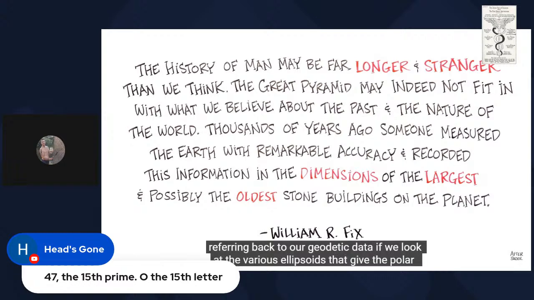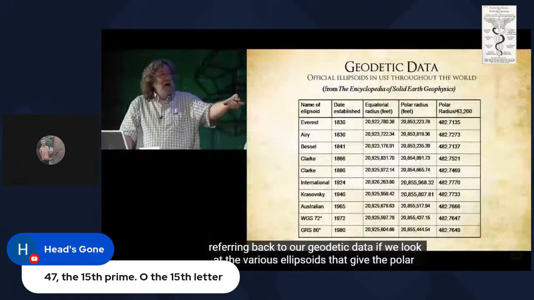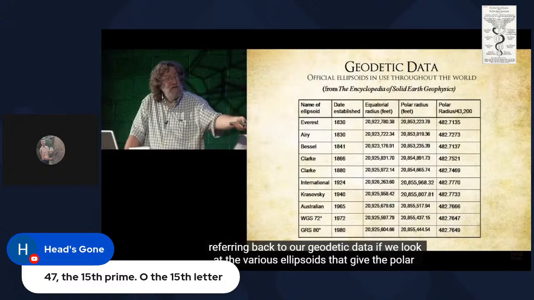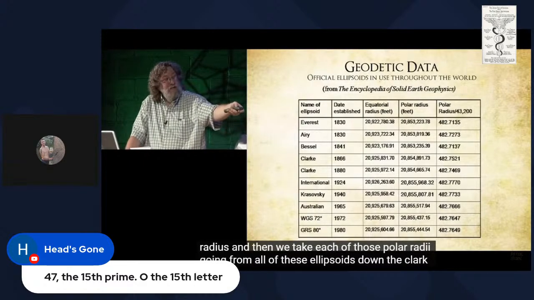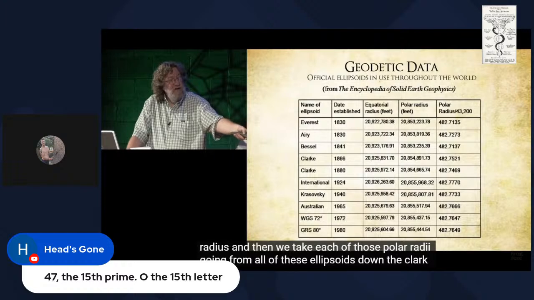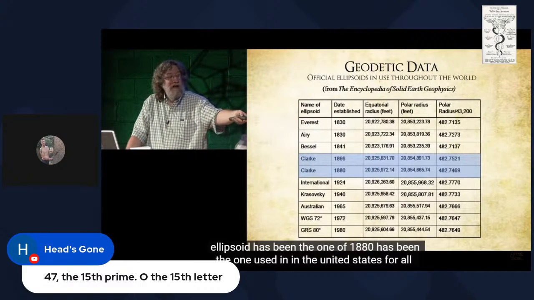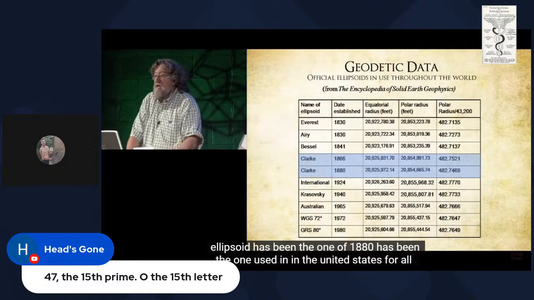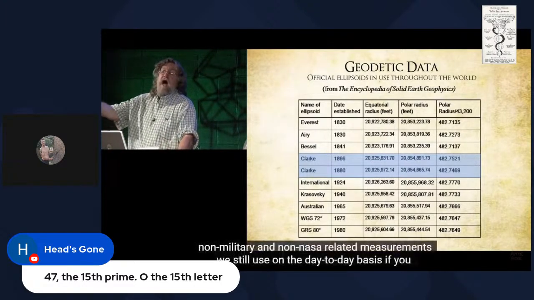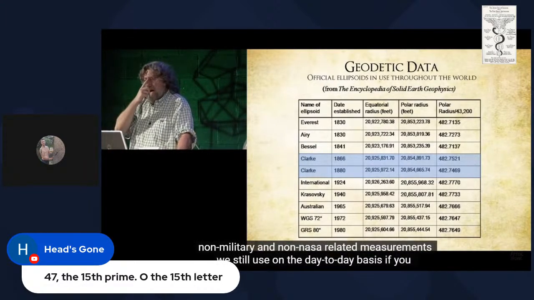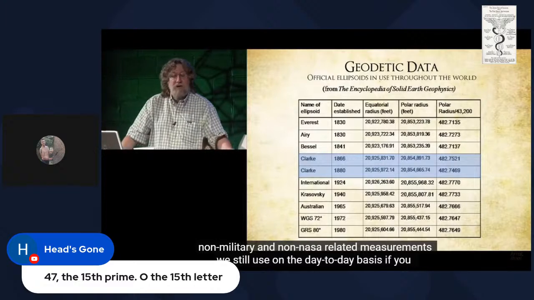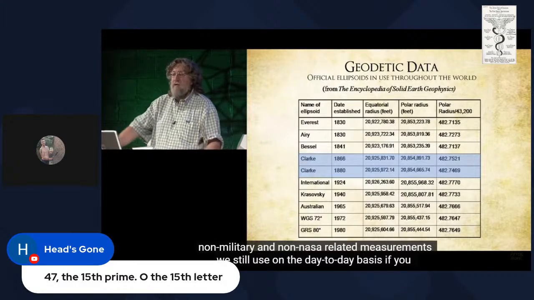Referring back to our geodetic data, if we look at the various ellipsoids that give the polar radius, and we take each of those polar radii, the Clark ellipsoid of 1880 has been the one used in the United States for all non-military and non-NASA related measurements. We still use it on a day-to-day basis.